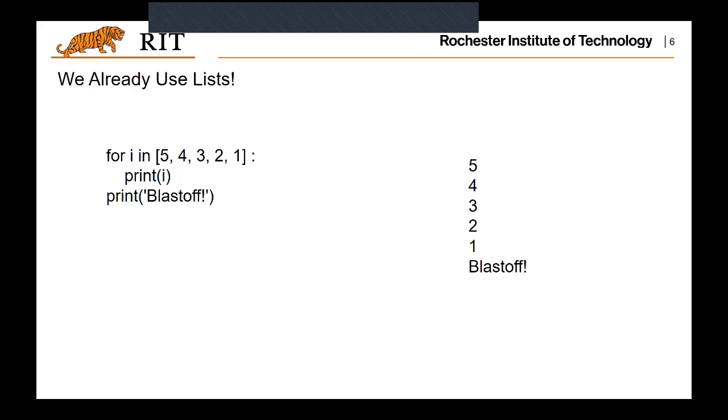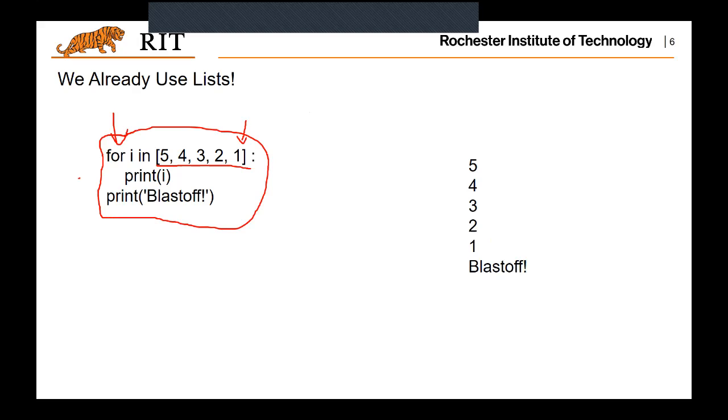For example, we actually had some examples in the previous lectures. In this case, you have a list with 5 numbers, and using a for loop, you can loop through the list. I always say it loops through an array because I just got used to using array to represent this kind of data structure. But in Python, there's no array, there's only a list. They're pretty much the same thing.